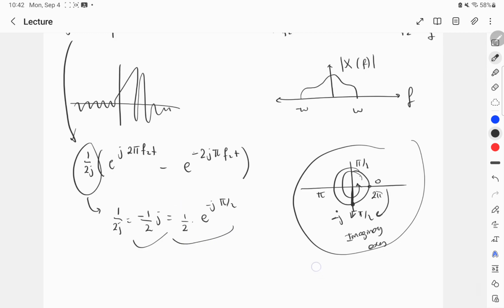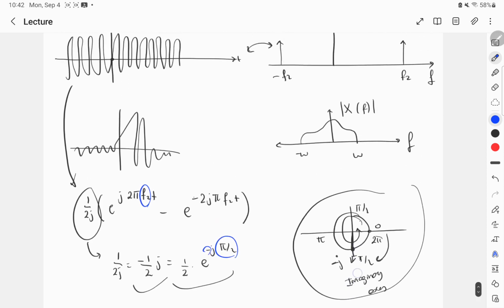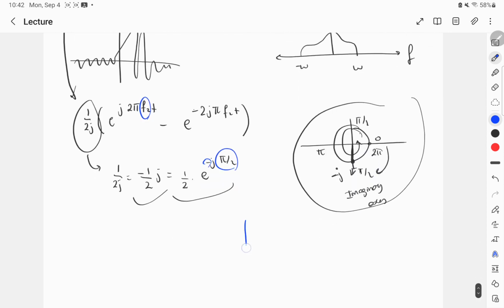Anyways, what I wanted to tell you is that now, let me show you, if we are considering the positive frequency, then the phase is negative pi over 2, right? Now let me show you here. We have the phase of the w function, and here we have the frequency.